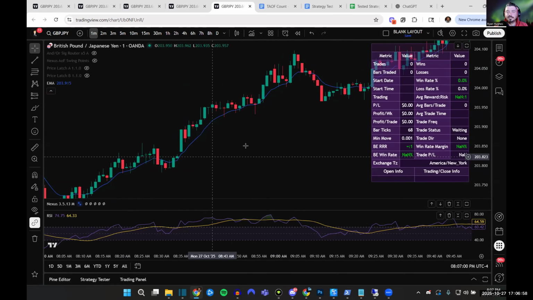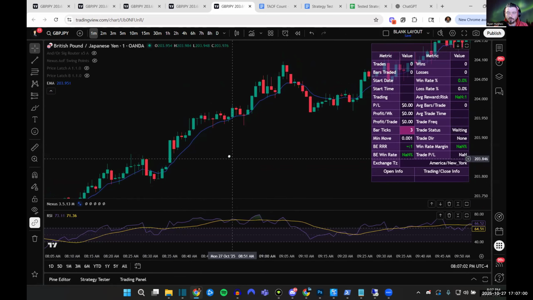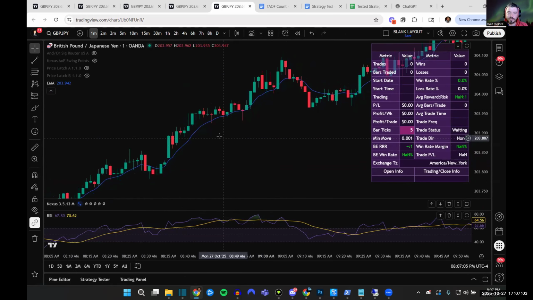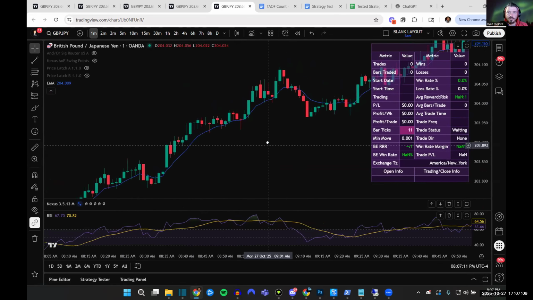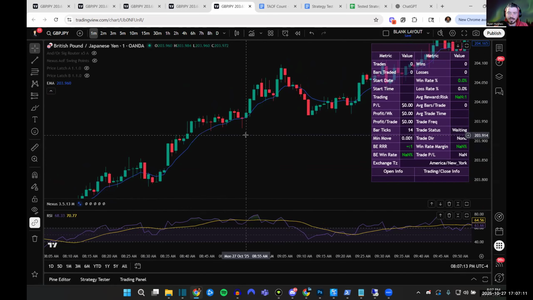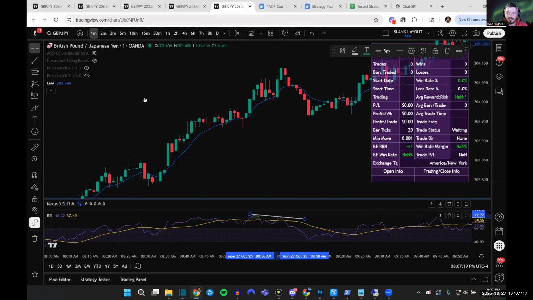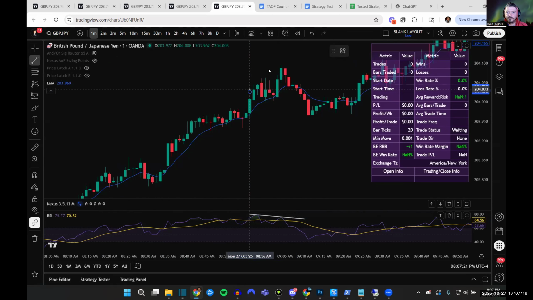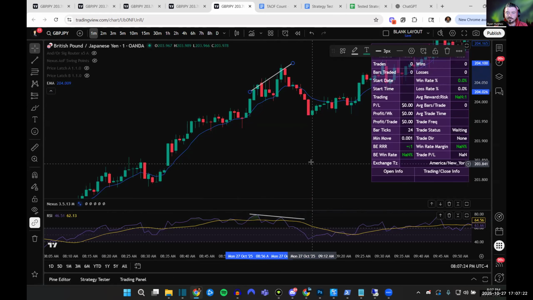Often the easiest way to use the RSI in a reversal type strategy is to look for a divergence. Even divergence doesn't do an extremely good job of catching reversals. But, for example, you can see right here that we have this divergence in the RSI compared to what price is doing right here.